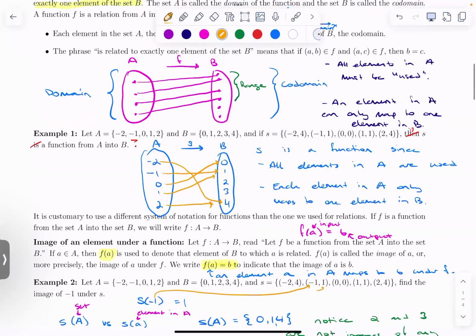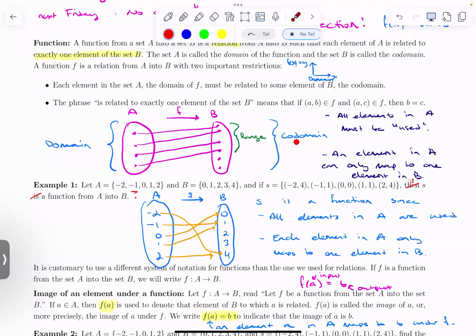I feel like introducing the range versus the codomain this way is pretty straightforward, right? The difference between the two. So the range is just the values that are being mapped to. Technically, the definition of the range is here.